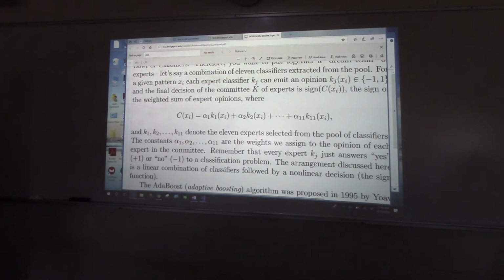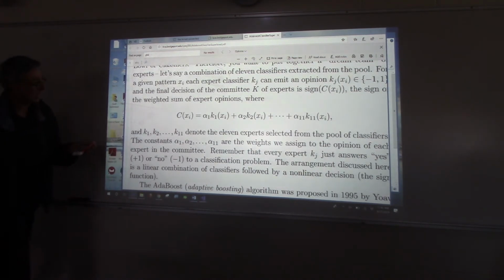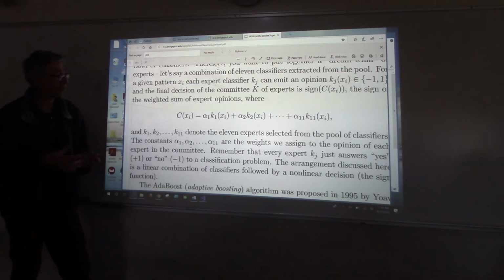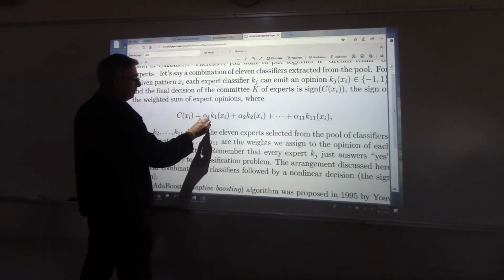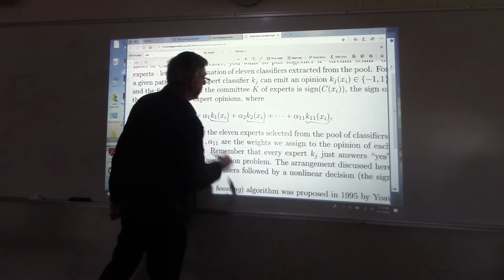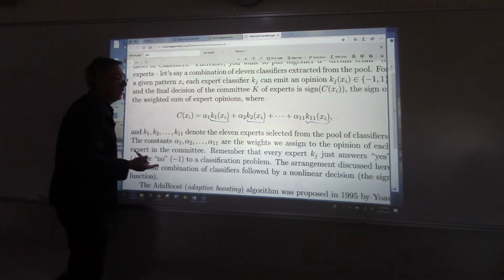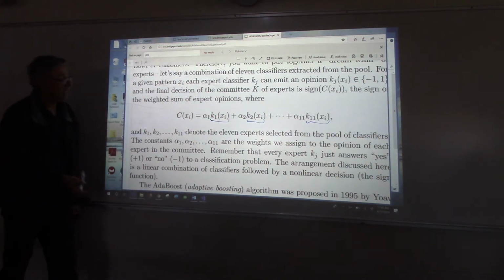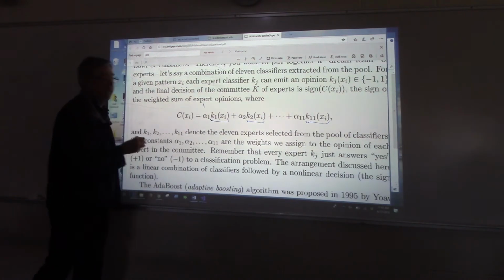Okay, so again, the author is saying, let's say we have 11 experts, as an example, to predict who will win the Super Bowl, right? So this K1 of X of I, K2 of X of I, this is their decision, okay? If team 1 will win, they will output 1.